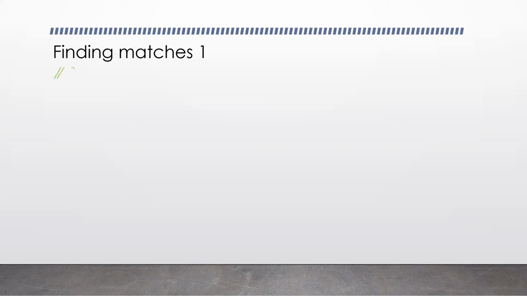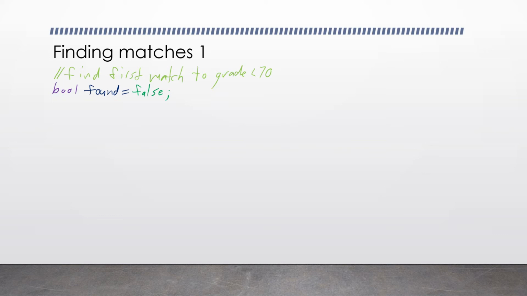So find the first match to grade less than 70. I'm going to create a Boolean variable to tell me if I have found what I'm looking for. And since I haven't found it yet, I'm going to set it to the initial value false.